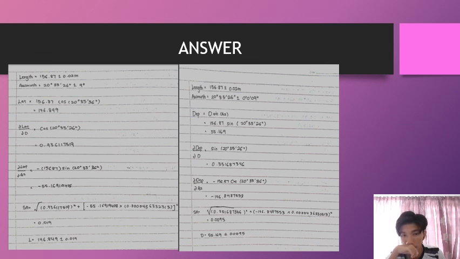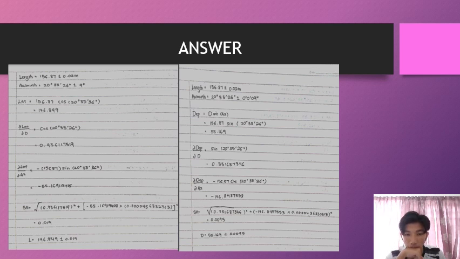And then we will use the derivative of departure with respect to azimuth, same as the previous one, but the difference from the derivative of latitude with respect to azimuth is that we use cos instead of sin. So the answer will be negative 146.8487553. Then we will substitute it into the nonlinear equation.